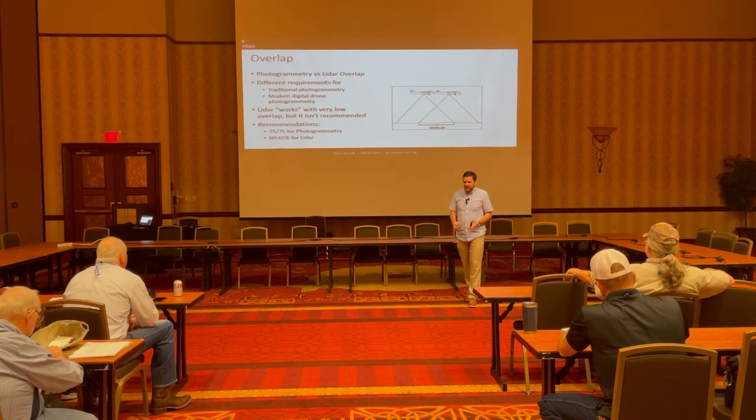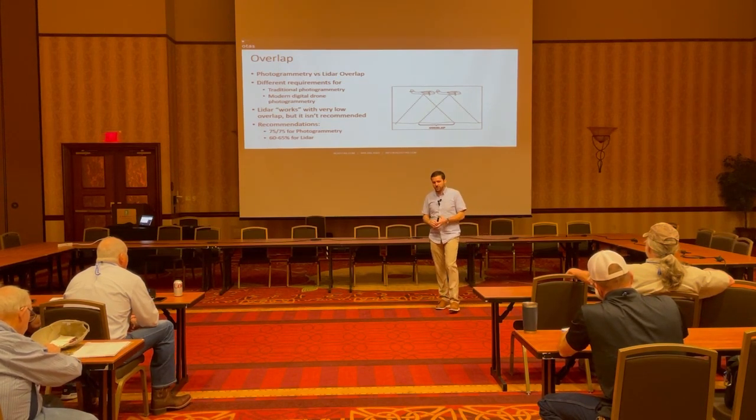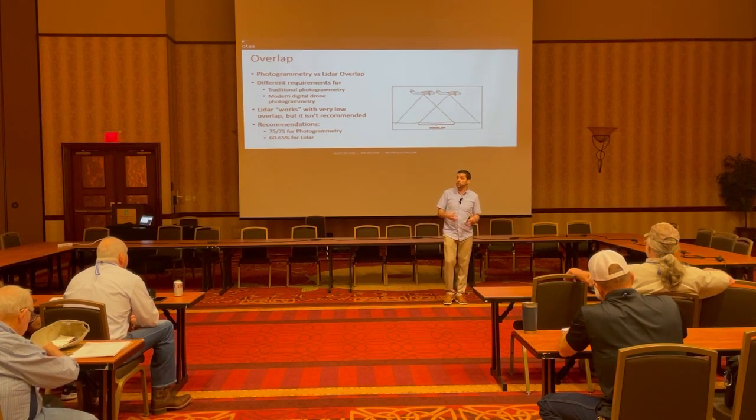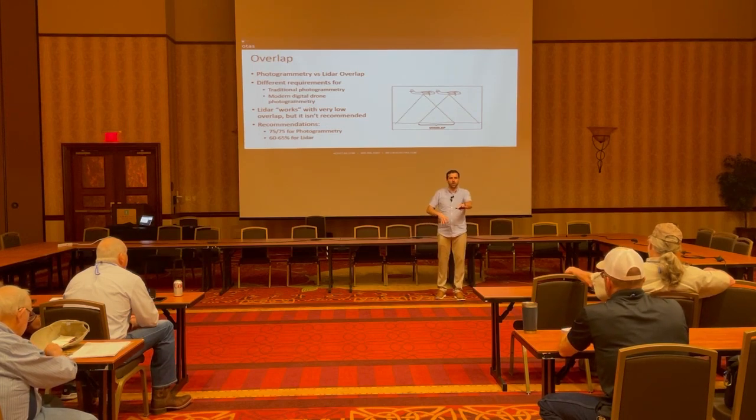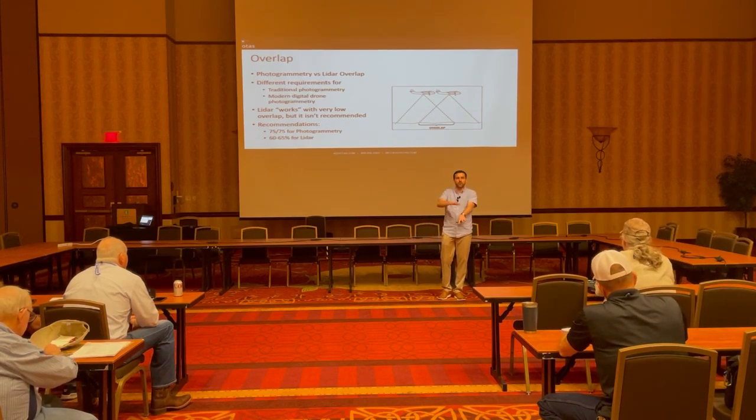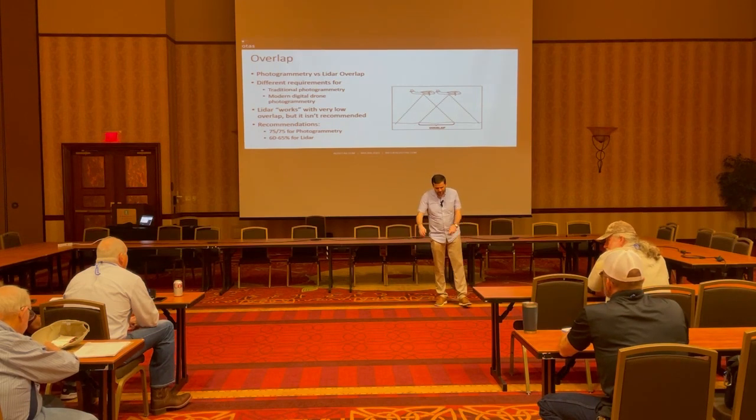I can tell you a lot of LiDAR manufacturers recommend what I, as the data guy, considers way too low overlap, like 30% or something. That means each LiDAR swath, only 30% of it will overlap with the swath, the flight line next to it.